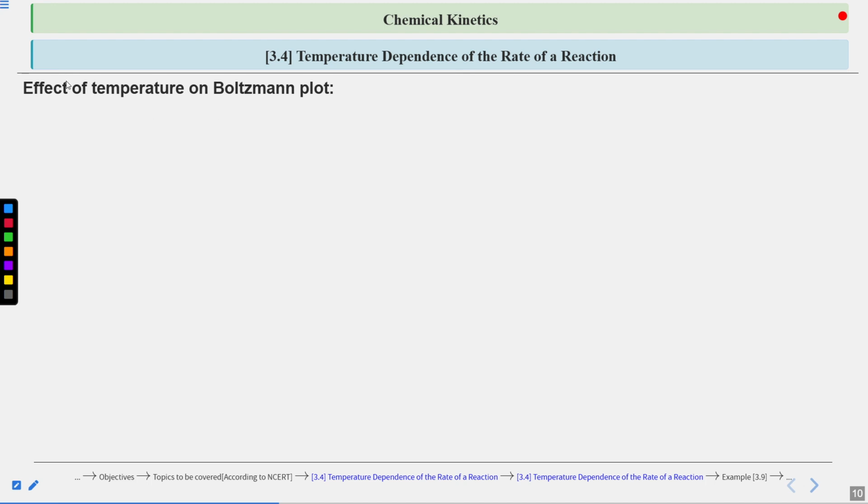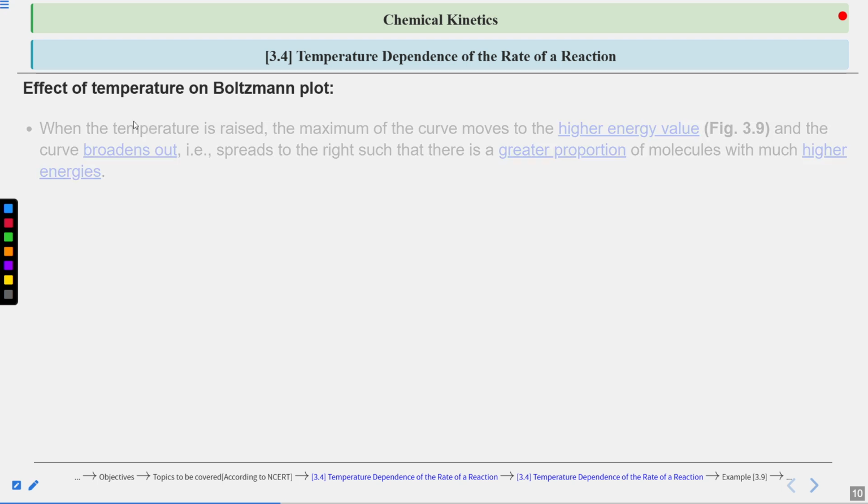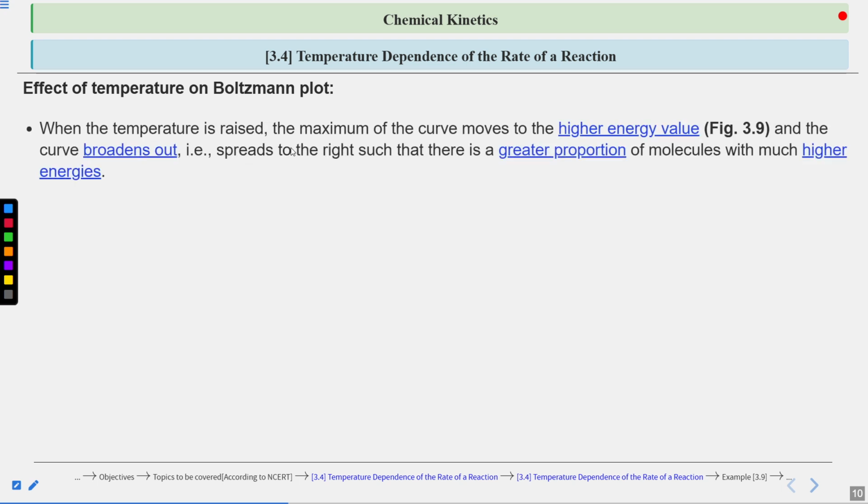Now let's talk about the effect of temperature on the Boltzmann plot. Initially we talked about the Arrhenius plot, where we saw the effect of temperature on the rate constant. Here, how will temperature affect the Boltzmann plot? When the temperature is increased, the maximum of the curve moves to a higher energy value.